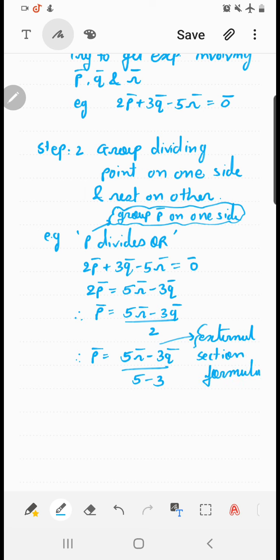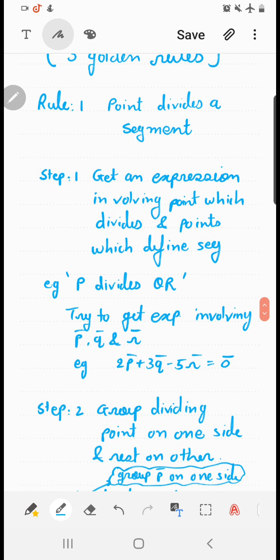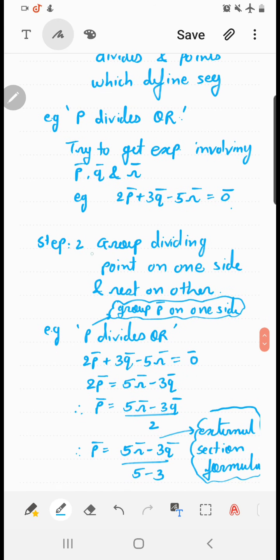So I hope you got an idea what we are supposed to do when we see a point divides a segment. Let me repeat one more time. Golden rule number 1 says point divides a segment. In such a sum, we follow 2 steps. Step number 1 says get an expression involving the point which divides and the points which define a segment. Once you get the expression, group the dividing point on one side and the rest on the other.